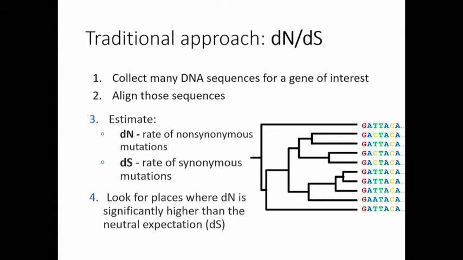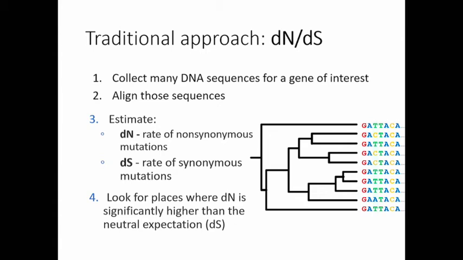Just to give you an idea of why we've been missing this: the traditional approach when looking for sites or genes under selection is to use, as I mentioned at the beginning, the ratio of non-synonymous to synonymous substitution rates. So right off the bat, we make the assumption that synonymous substitutions don't have a fitness effect, and we just ignore them and look at the non-synonymous sites.